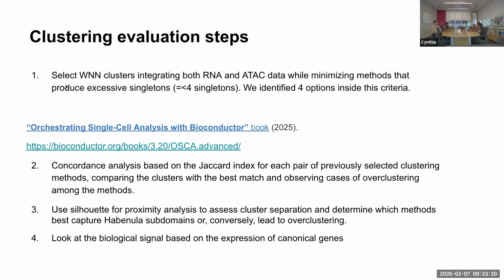there are some clustering evaluation steps that were defined. The first one was very easy, because the main goal was to identify the weighted network clustering that integrates both RNA and ATAC data while minimizing an excessive number of singletons, because with the default values we have 9.